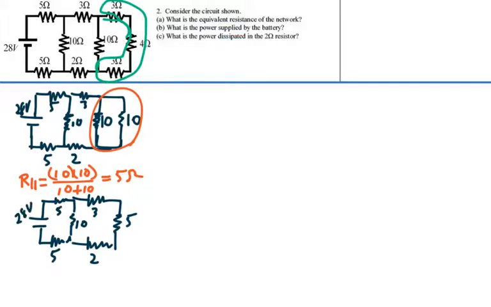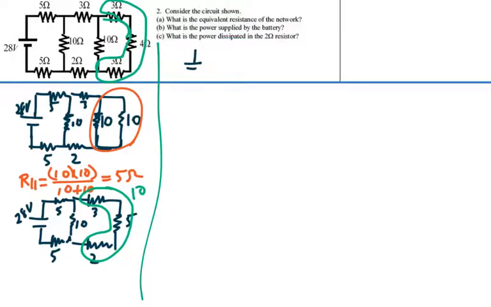So now we have a new series combination with the 3, the 5, and the 2. That adds up to 10. And adding those together, our circuit now looks like this, with a 10 on the outside, a 10 here, 5 here, and down below here another 5, 28 volt battery.